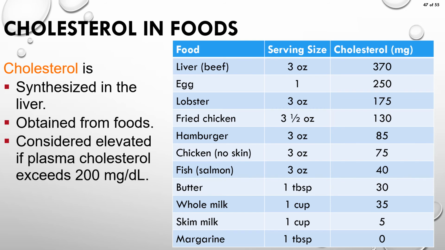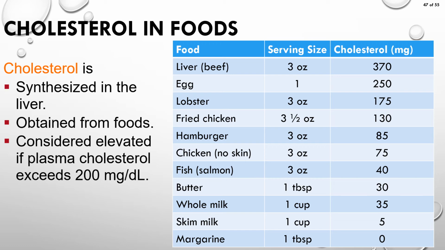Okay, so this table shows the amount of cholesterol for a specific serving. For beef liver, a 3-ounce serving has 370 milligrams of cholesterol. One egg, the egg yolk only, since the egg white is more of protein, has 250 milligrams.